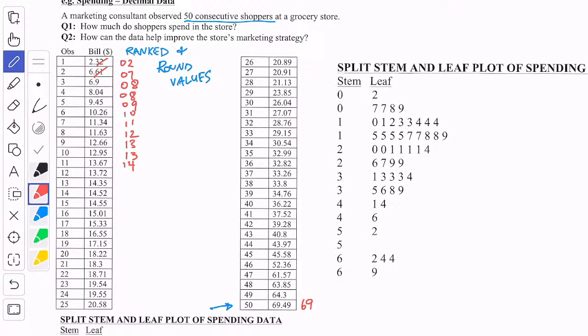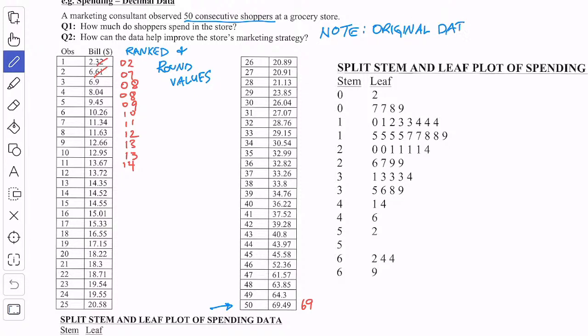Like if you're looking at somebody else's research and you only have their plots, you don't have the original data, you can use the plot data. But if you have the original data, you need to use the original data.